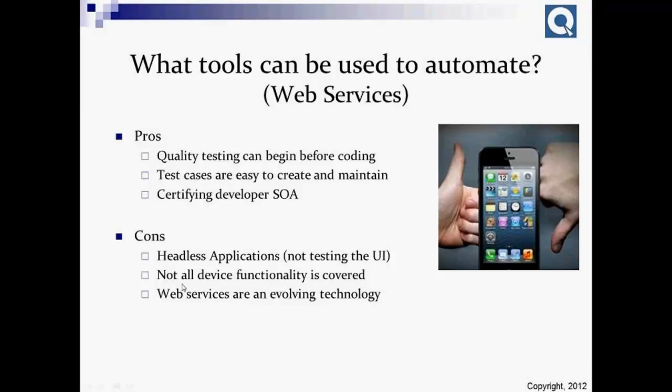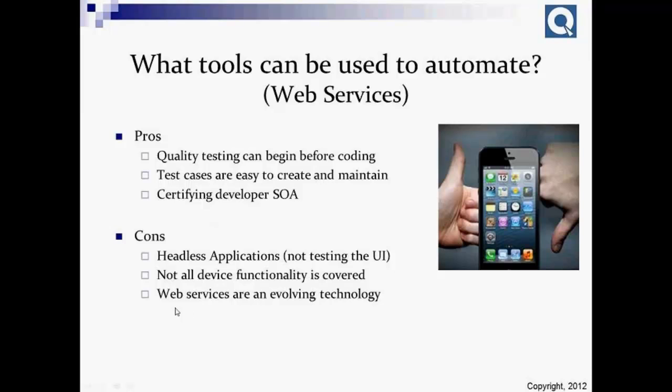Not all device functionality is covered. So not everything that the developer is going to use for the application is covered by a web service. So we're still going to need that functional testing level, the level that we're presenting to the user, and we want to test that out from beginning to end, because not all the features are going to be covered through these web services.